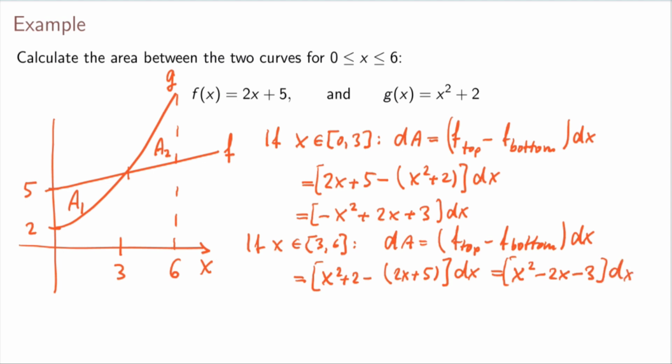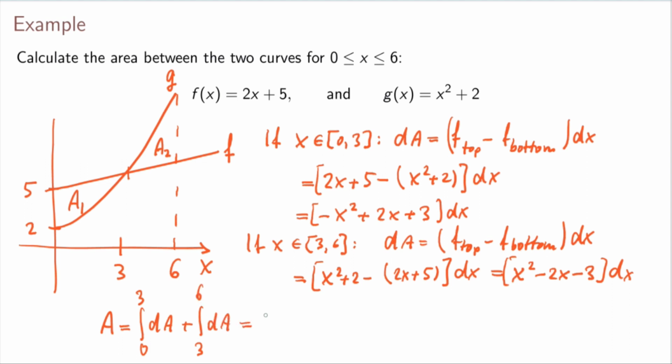And then the total area would be A1 plus A2. So then the area would be the integral from 0 to 3 of dA, which is for the one case, plus the integral from 3 to 6 of dA, which is for the other case.